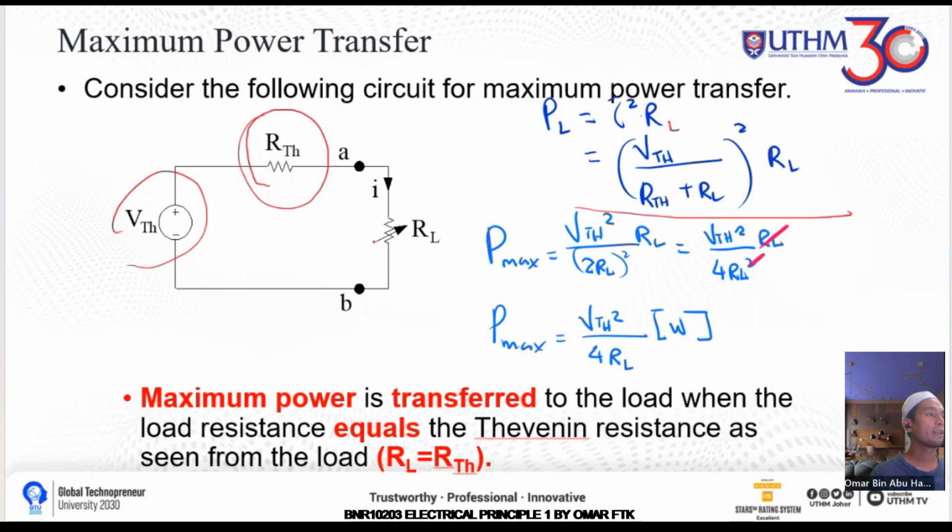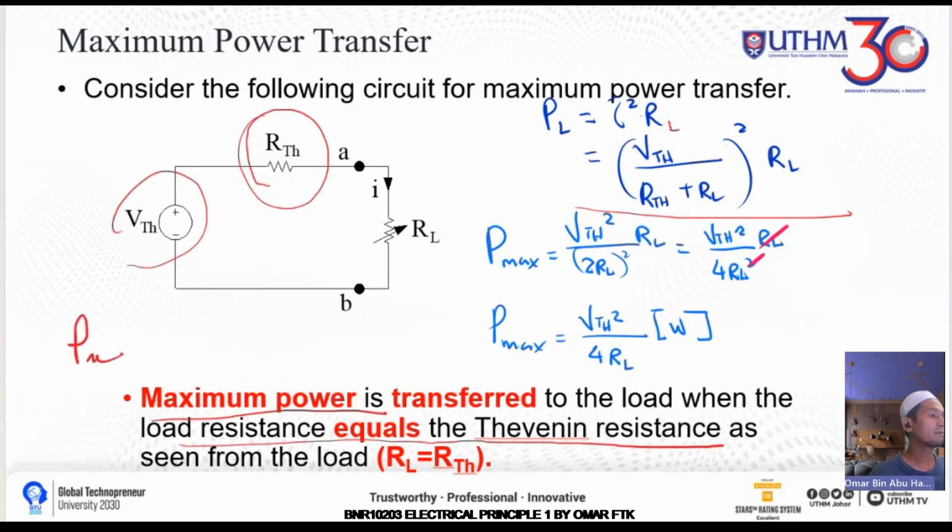But in order to get the maximum power, the definition is that maximum power is transferred to the load when the load resistor equals the Thevenin resistor. So this is the concept.